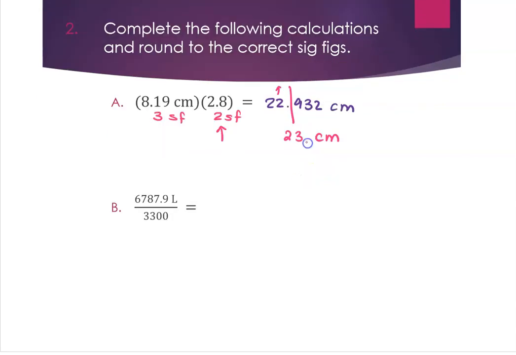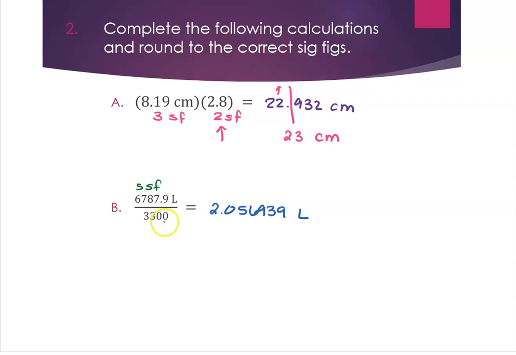All right, let's look at this next one. This is a division problem. So I divide this, put it into my calculator, and I get 2.056939 liters. So to put this in the correct number of significant figures, I count each of my values here. So I have 1, 2, 3, 4, 5 sig figs in the top value.